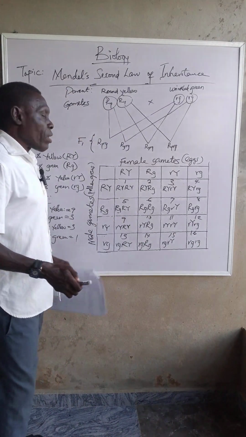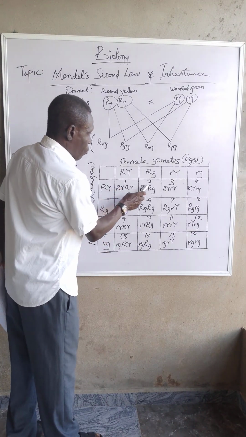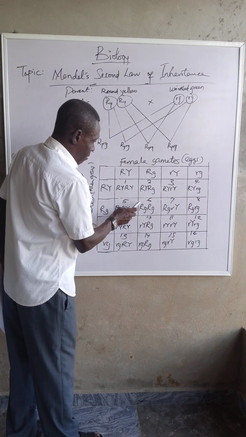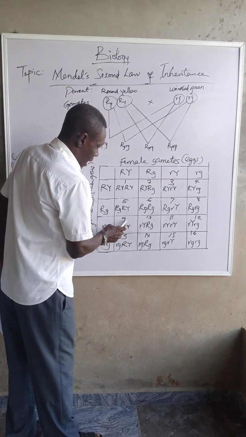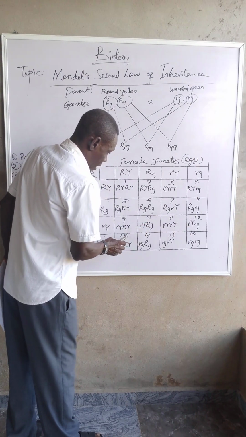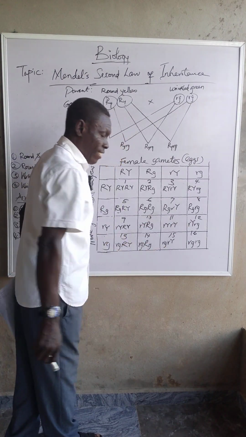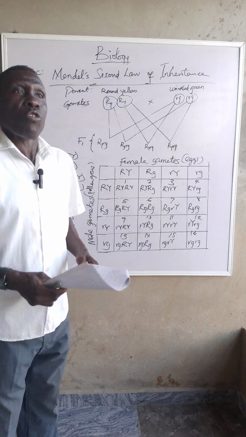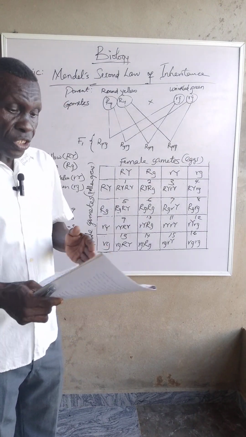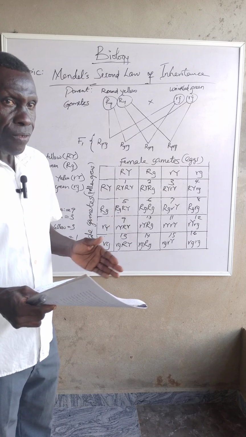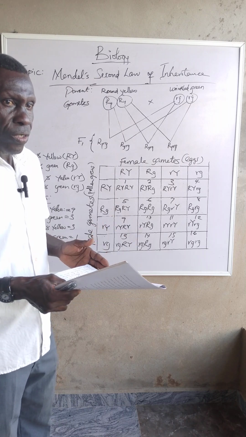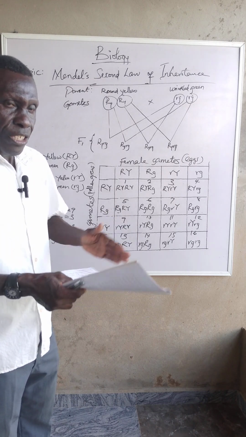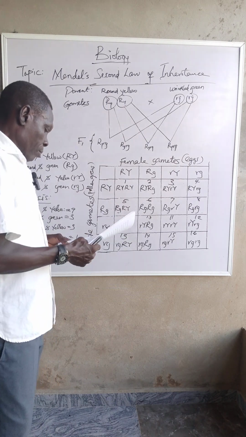Now we decide to label them 1, 2, 3, up to 16. Why? Because we want to know the ratio of the color, the phenotype and the genotype, the analysis.